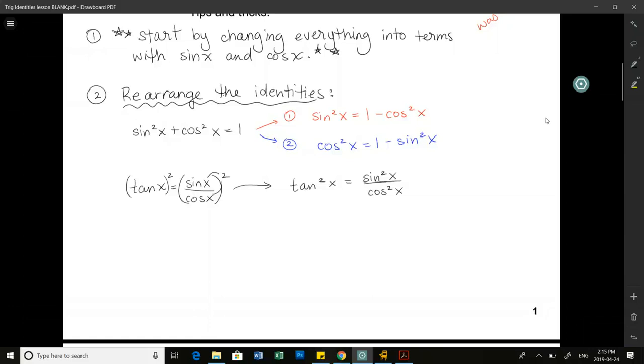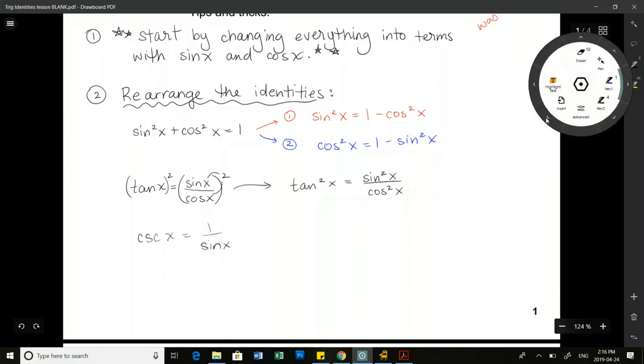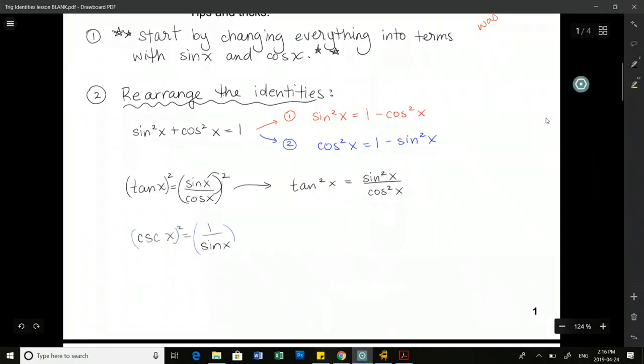You should also be aware that this can be done with cotangent equals cosine over sine. So cotangent squared is equal to cosine squared over sine squared. That still holds true. I can also do the same thing with my reciprocal identities. If I take cosecant x is 1 over sine x, and square both sides, I get that cosecant squared x is equal to 1 squared, which is 1, over sine squared x, just squaring the top and the bottom.